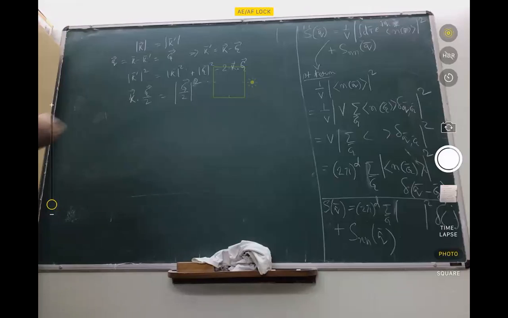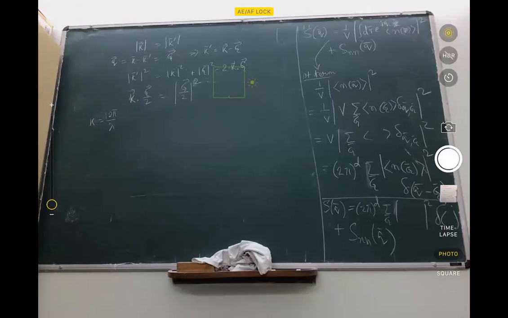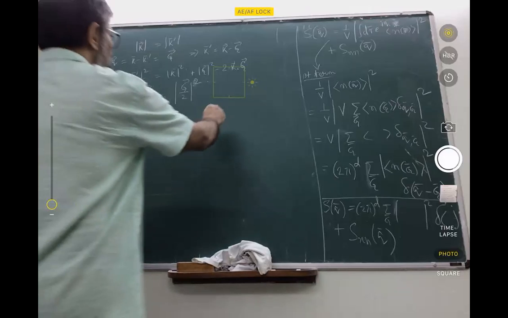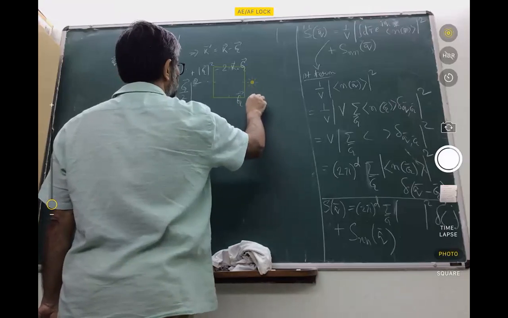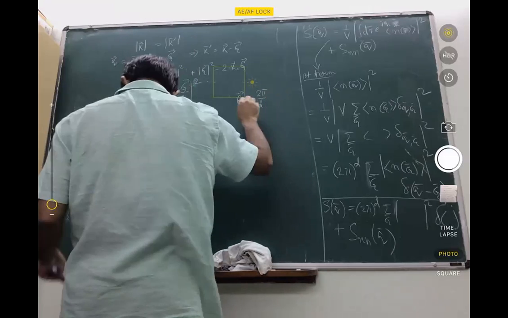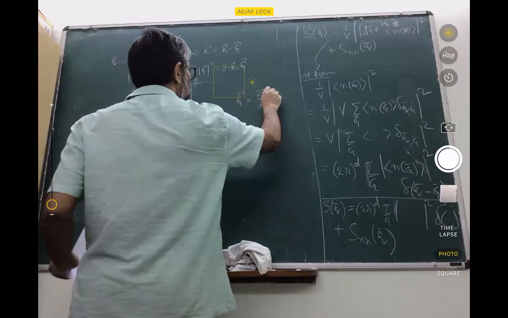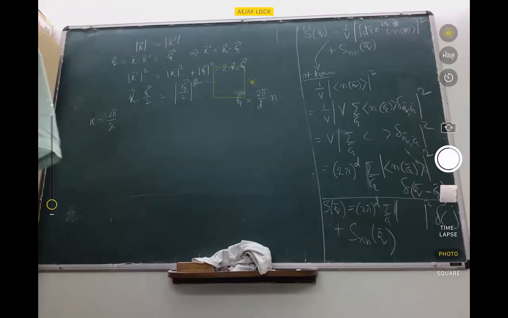Okay, so suppose K is some incoming wave, right? So K is twice pi over lambda. So lambda is the wavelength, and G is some reciprocal lattice vector. So the mod of G would be twice pi over D, where what is D here?